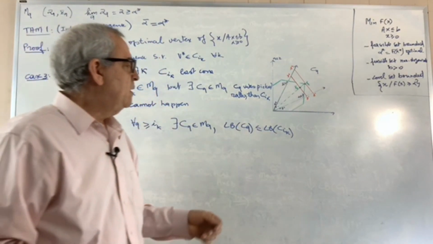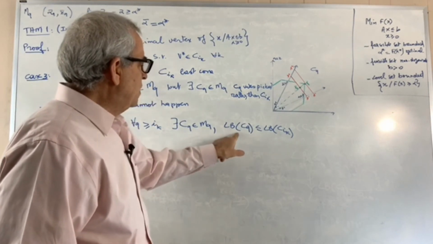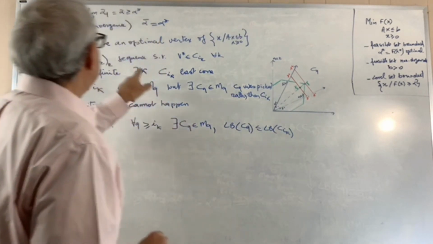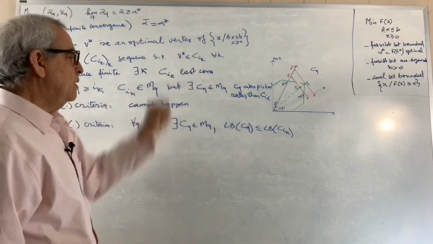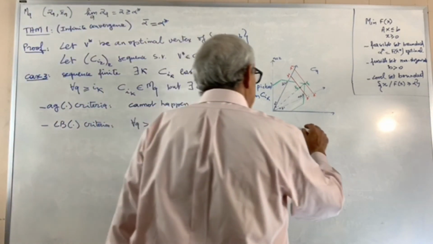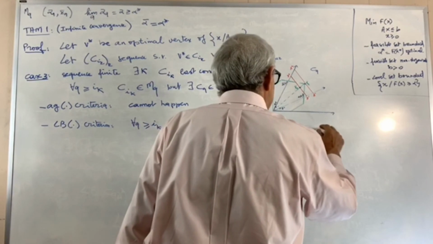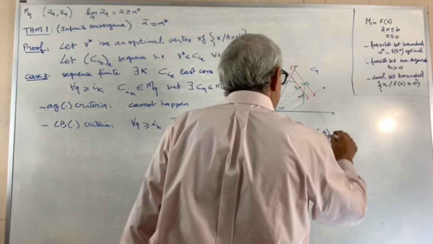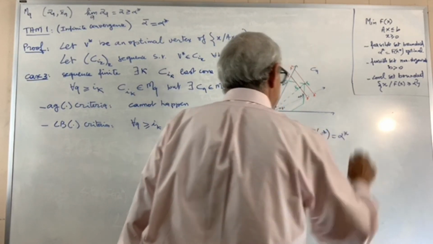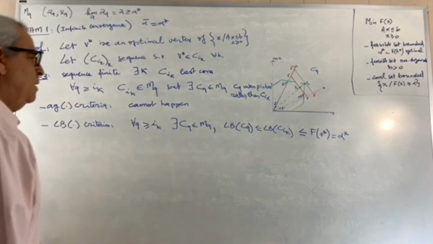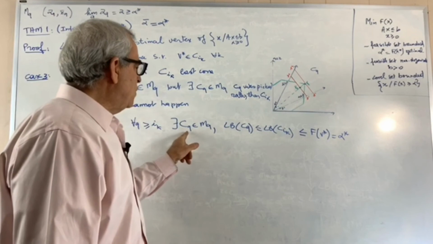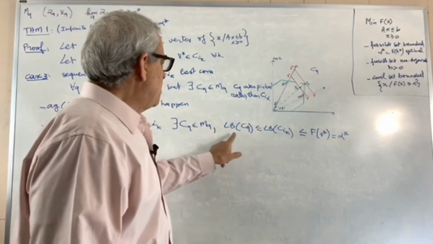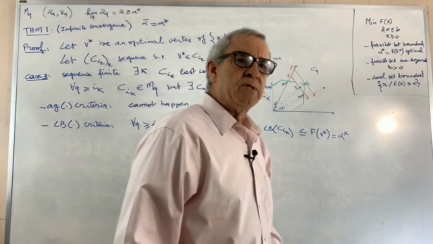Okay. But now this lower bound of Cik, remember, V star belonged to Cik, right? So this is less or equal to f of V star equal to alpha star. So I have therefore an infinite set of cones CQ such that the lower bound of CQ is less or equal to alpha star from that tree.